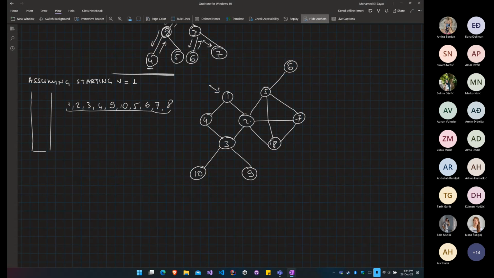Could you have gone from 2 instead of going to 5 and then 6 and then 7 and then 8? I could have gone 2, then 8, then 7 and 5. Yes, possible. It's an undirected graph. Okay. So that's how you would approach DFS on a pen and paper basis.